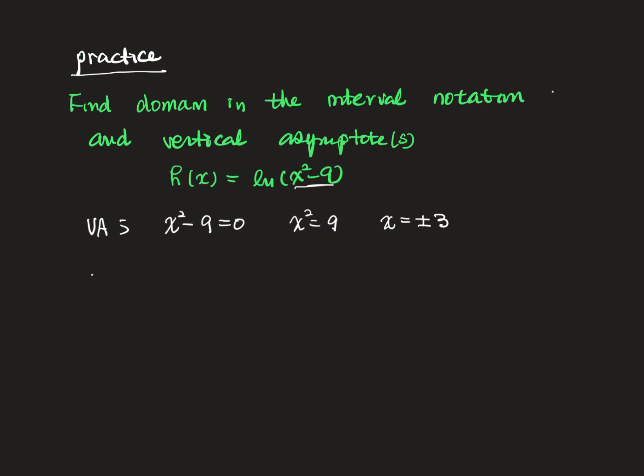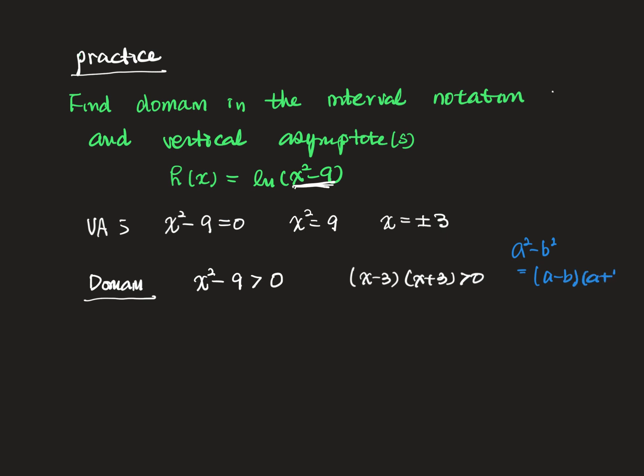Here is going to be the domain. For the domain, the inside value has to be positive, so x squared minus 9 is greater than 0. Let's factor it: x minus 3, x plus 3 is greater than 0. If you forgot the factoring, a squared minus b squared is always a minus b, a plus b.